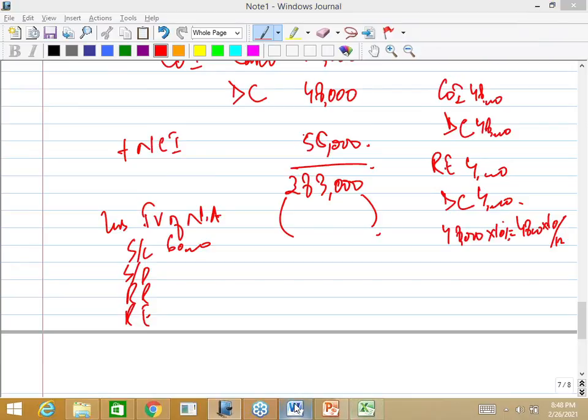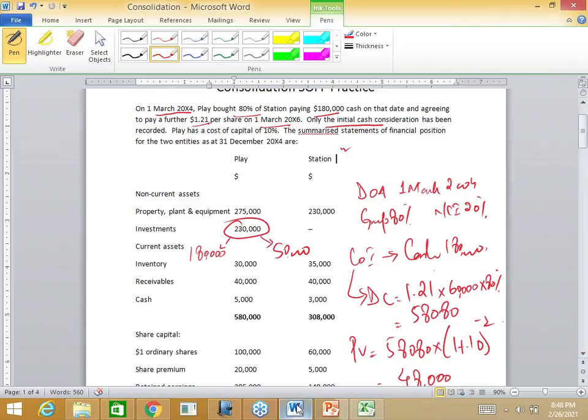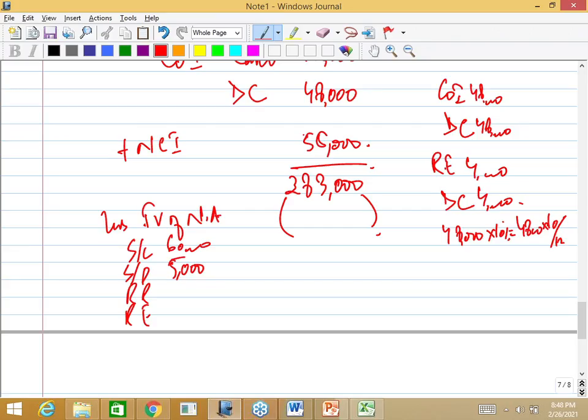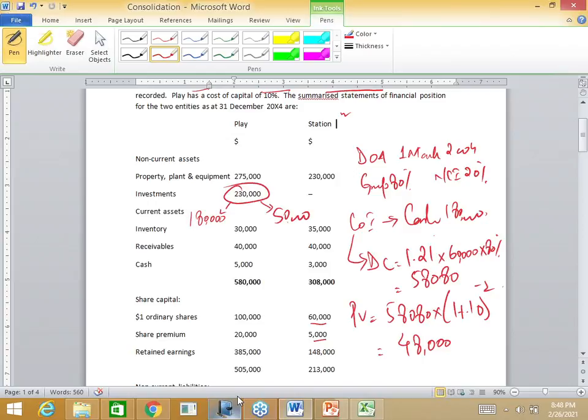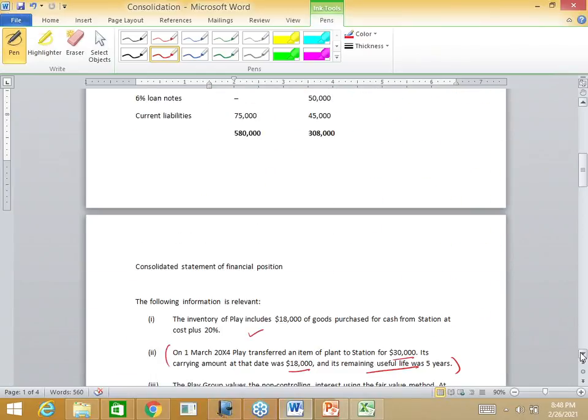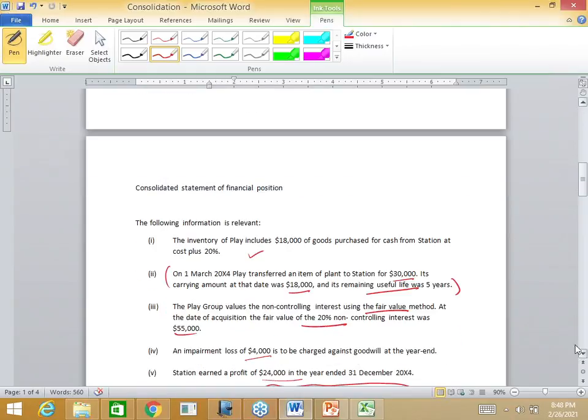Share premium is 5,000, so add 5,000 here. Then we have revaluation. There is no revaluation that was done on the date of the acquisition.